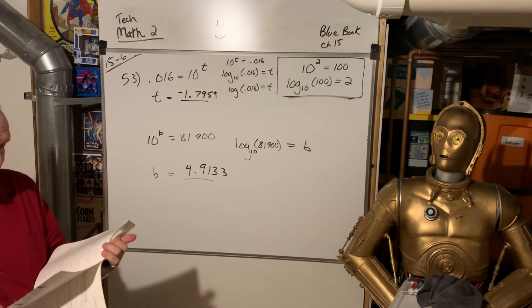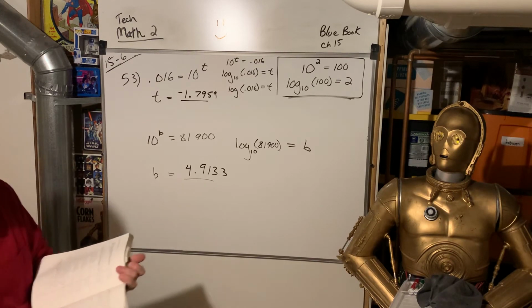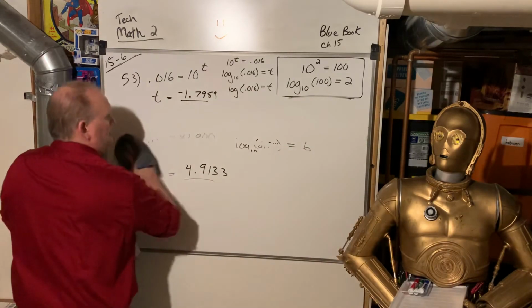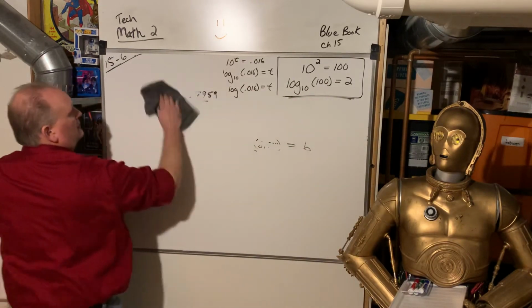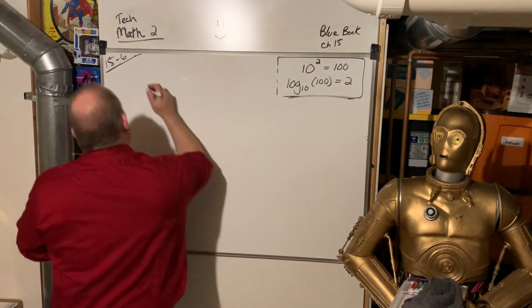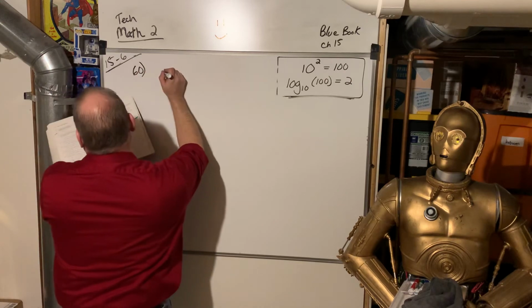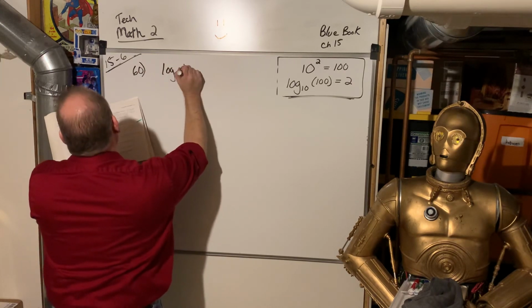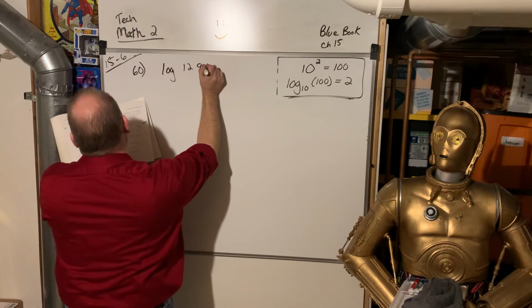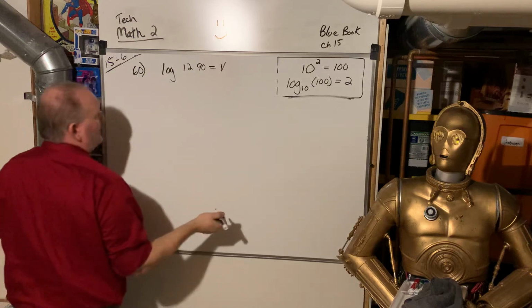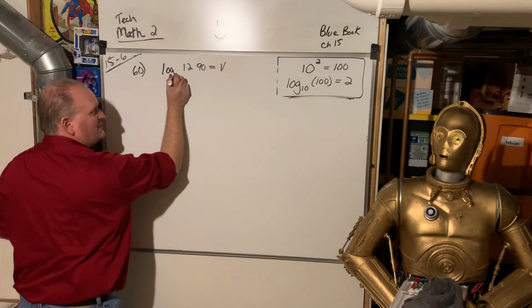How about if they go the other way, like number 60? Let's take a look at number 60. So number 60 is log of 1290 equals v, and then find v. So remember, this is base 10.